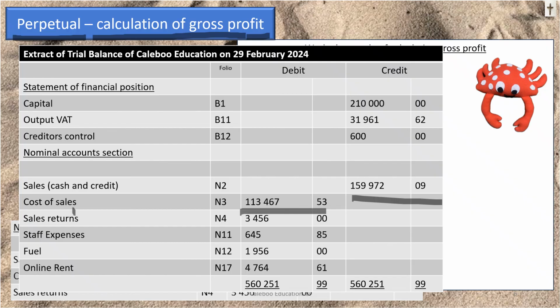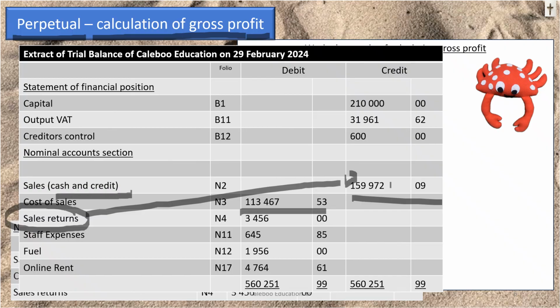But don't forget about the sales returns, because sales returns will make that sales figure smaller. This sales amount that I'm showing you, 159972, includes cash and credit sales. So you're going to have all sales less sales returns minus the cost of sales, and that will give you the gross profit in the perpetual inventory system.